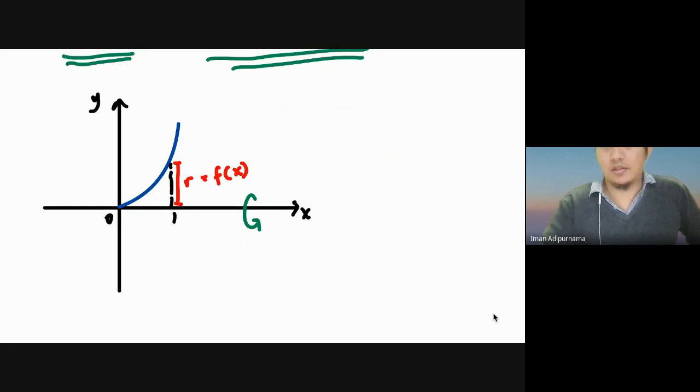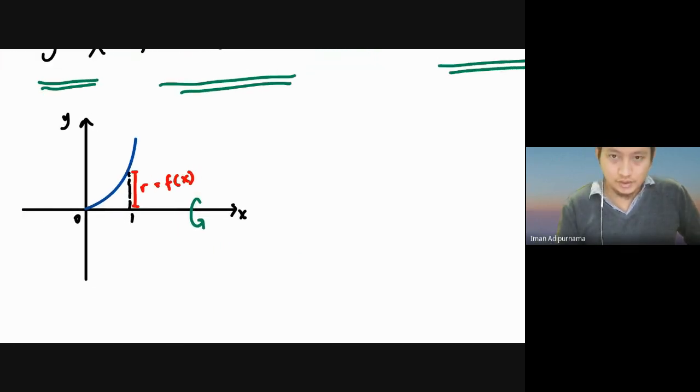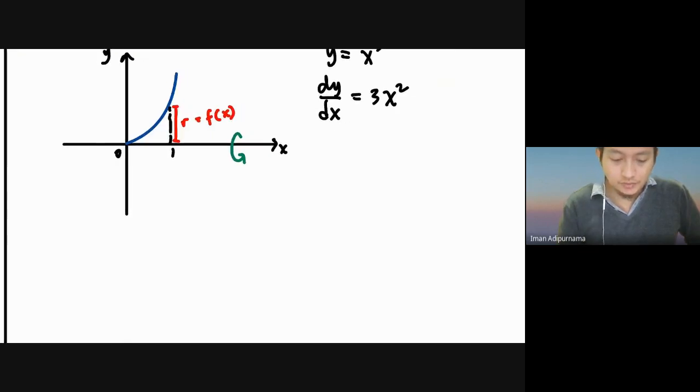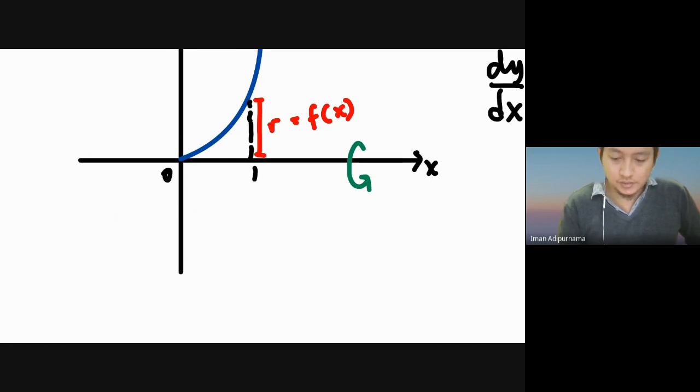First we can write down the function, x cubed, and we may need the dy over dx, right? Because of the arc length. Or let me write the formulations first. It needs the dl.